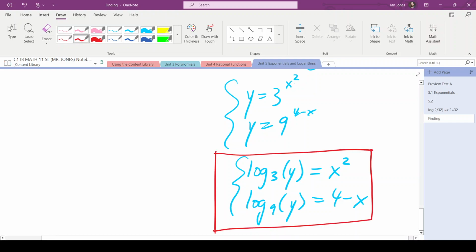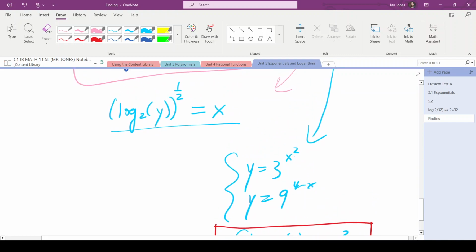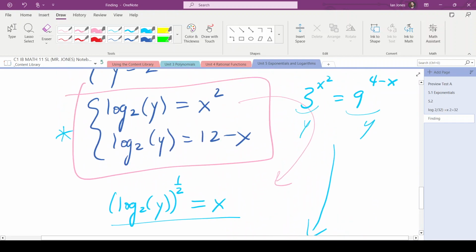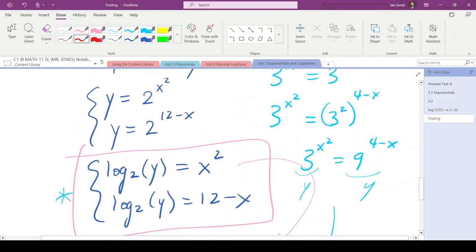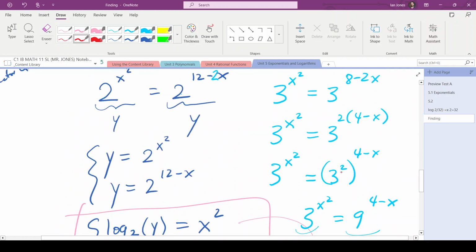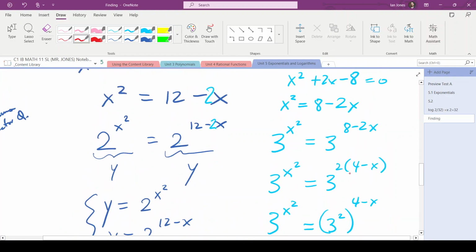Solve this system of equations. And if you solve this system of equations, you would put it into exponential form, and then from exponential, you could then use substitution to make them equal to each other. And then this would become the 3 squared. You would multiply out, you'd get this.